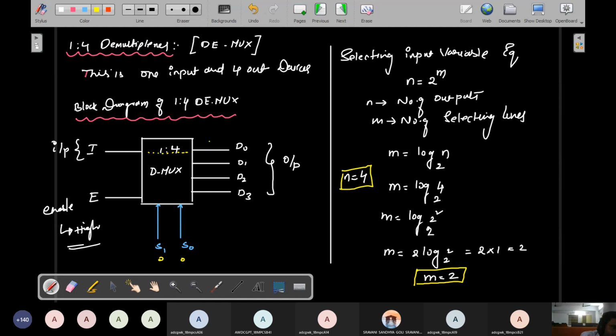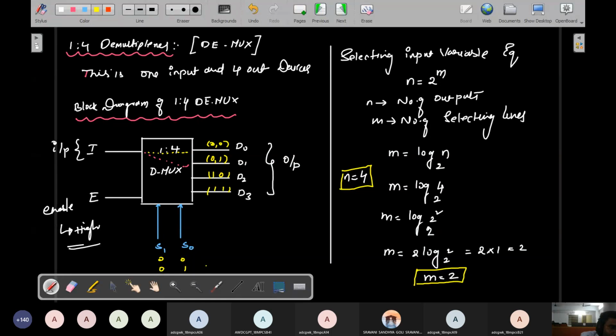The four possibilities are 00, 01, 10 and 11. If the selecting inputs are 00, the input of this demultiplexer is directly connected with the first output terminal. If you give 01, it is the second possibility, so your input line is directly connected to the second terminal.